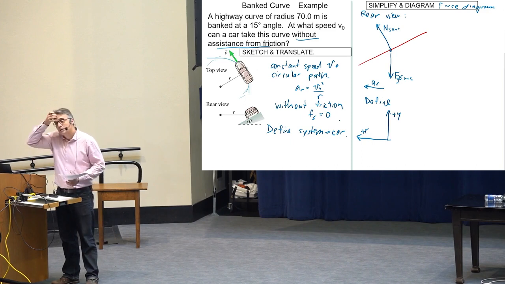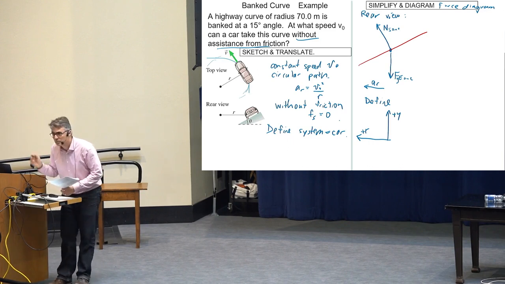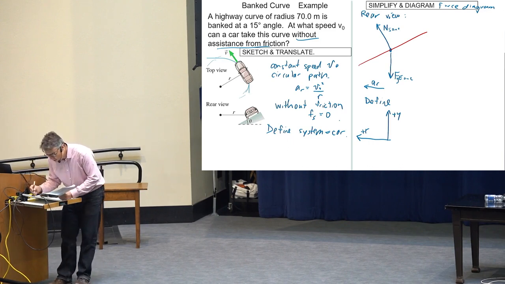And now it's just setting up the math. You're just going to put the sum of the forces in the y direction as mass times ay, which is 0. The sum of the forces in the r direction as mass times ar, which is m v squared over r. And we're done. So don't forget that we have to actually do this normal force as a diagonal. So remember, normal goes like this.